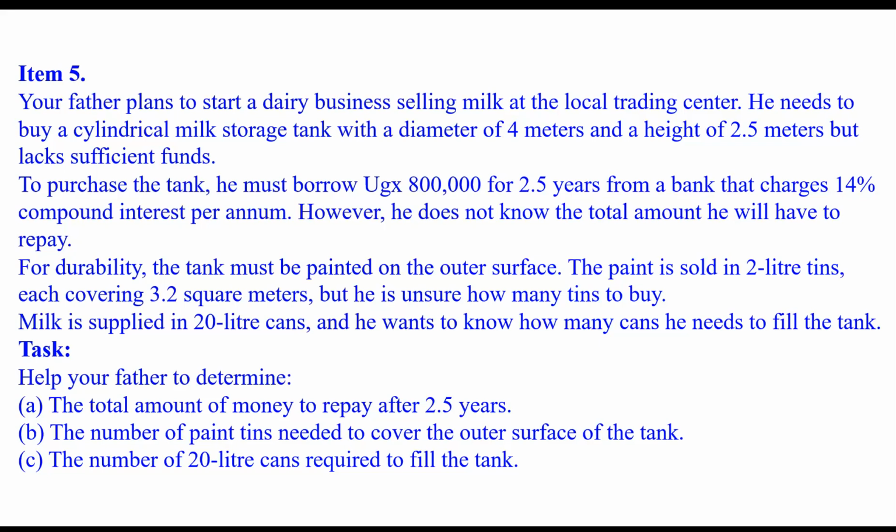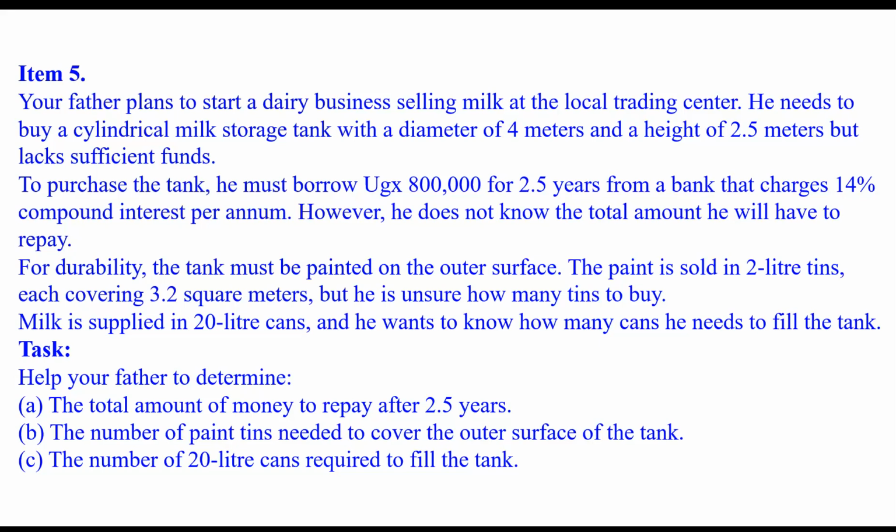Always remember that things to do with volumes, areas, surface areas are what they're talking about. You'll notice that this is some kind of business when they're talking about compound interest, and this is also to do with surface areas and volumes of figures.